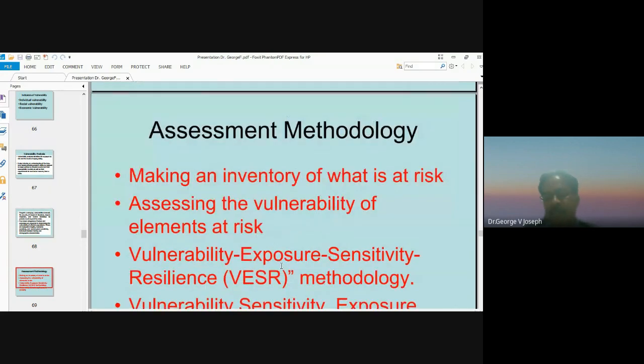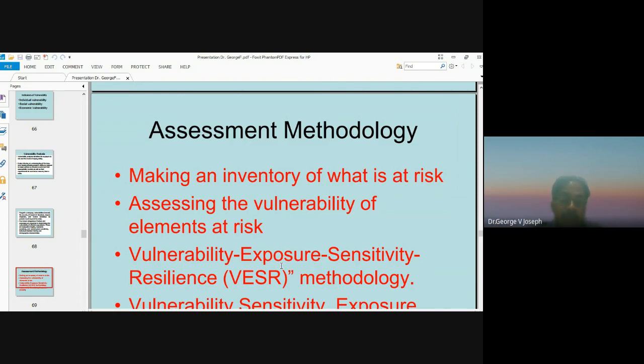So there are certain methodologies for assessing vulnerability, starting with making an inventory of what is at risk. In case of a proposed, likely hazard, what are the areas and assets? You have to make a list of those.